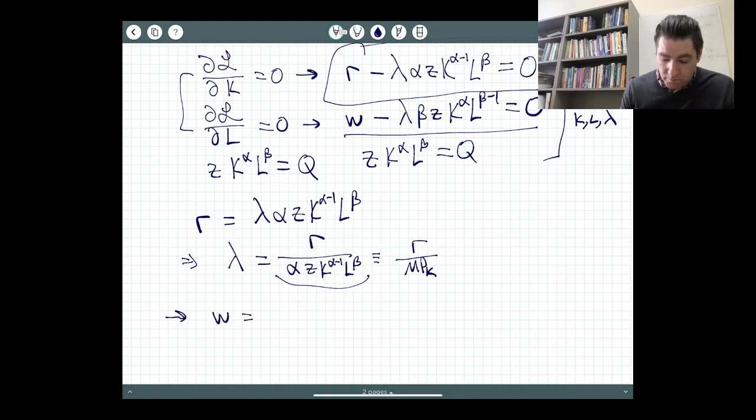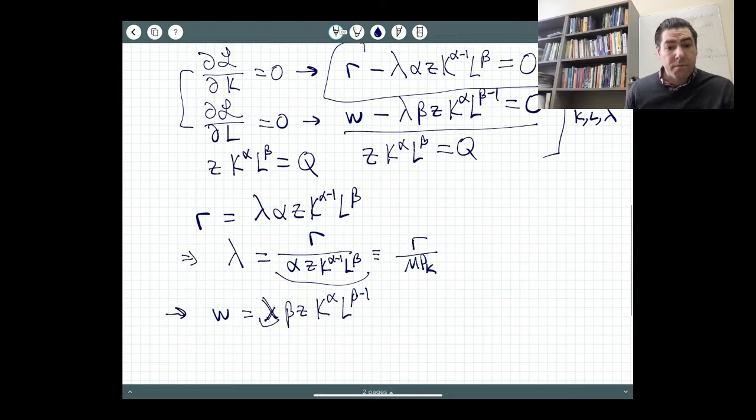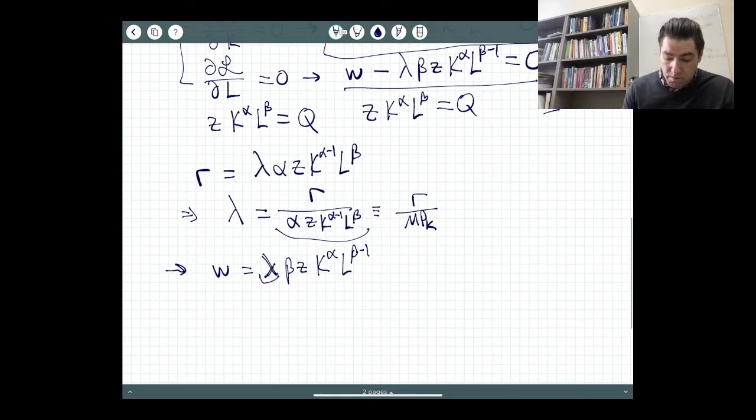So we know that W is equal to lambda times beta z k to the alpha L to the beta minus 1. And so let me plug in for lambda that we've just derived. So W is equal to R over alpha z k to the alpha minus 1 L to the beta. That's lambda.